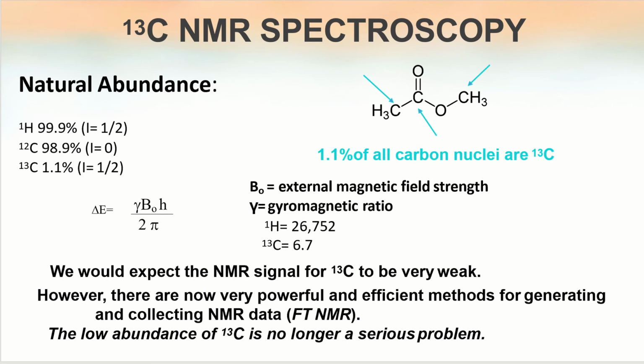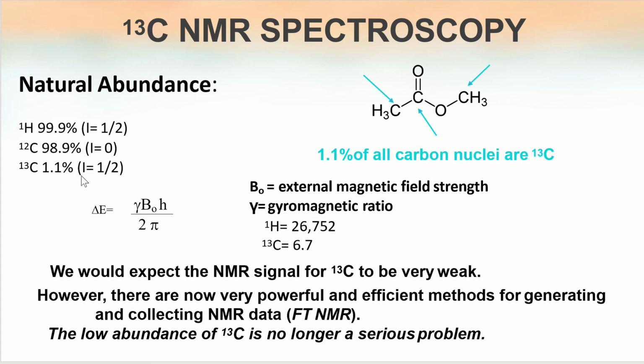All right, so as we mentioned, the spin of proton is a half, spin of carbon-12 is no spin, and carbon-13 spin is equal to a half. In terms of the natural abundance, for proton 99.9%, carbon-13 1.1%.